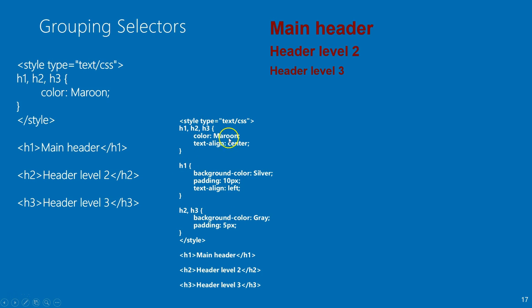So H1 is maroon, but its background color is silver, its padding is 10 pixels, and its text is left aligned, while H2 and H3's background colors are gray. The style gets overridden, and whatever you've written latest will override whatever you wrote earlier.